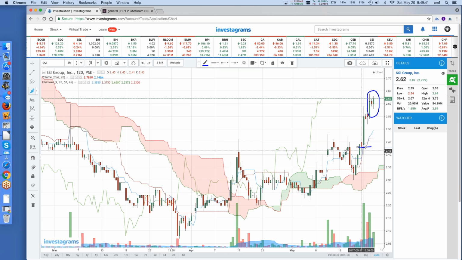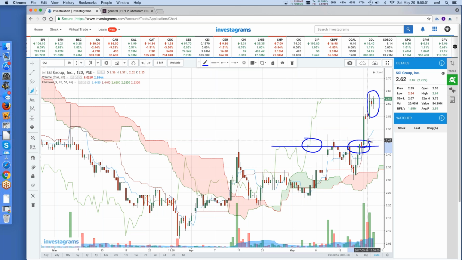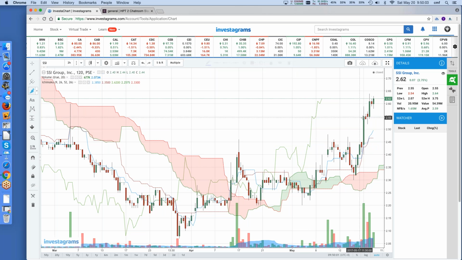In addition, at the close, price remained above the Kijun-sen and Tenkan-sen lines, and the Chikou span broke above its range. So we have a breakout at the close of, sorry, this is a mistake.